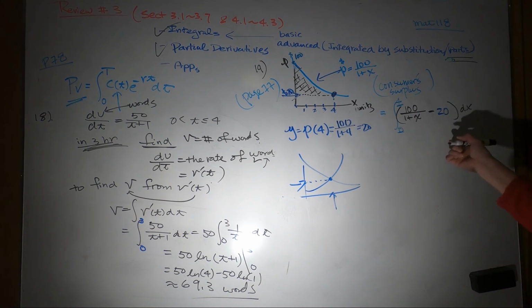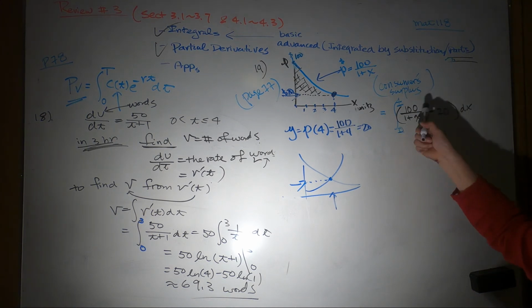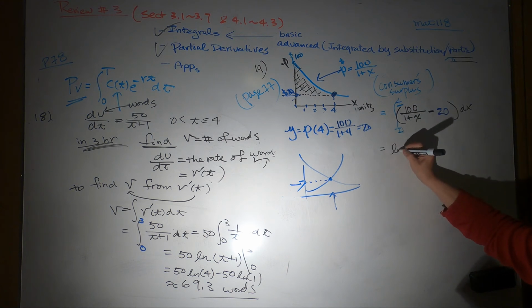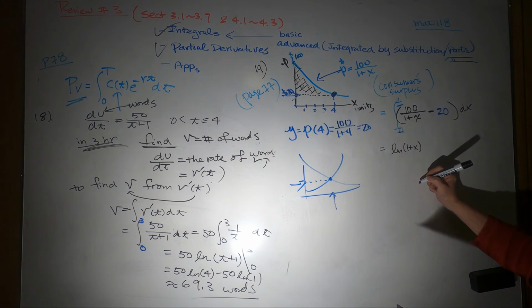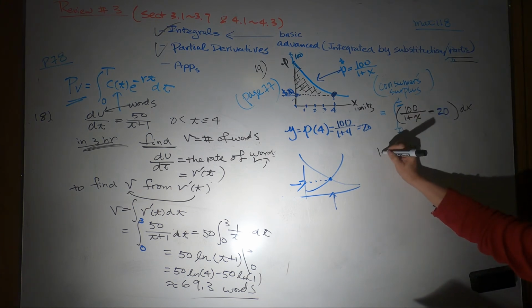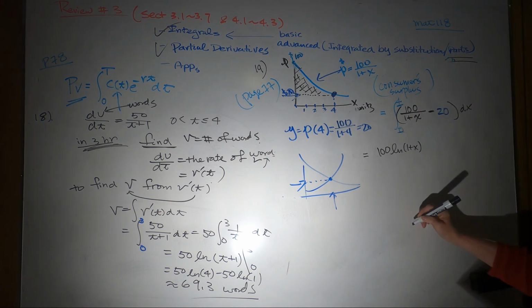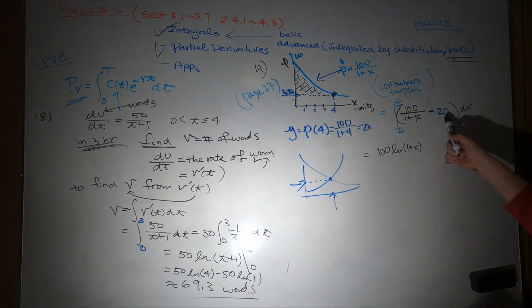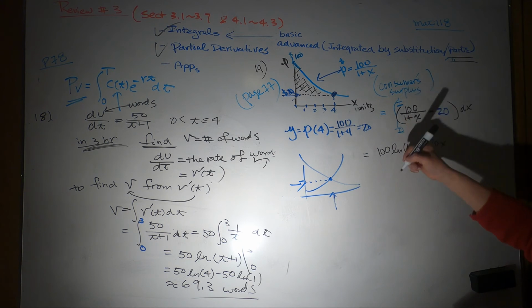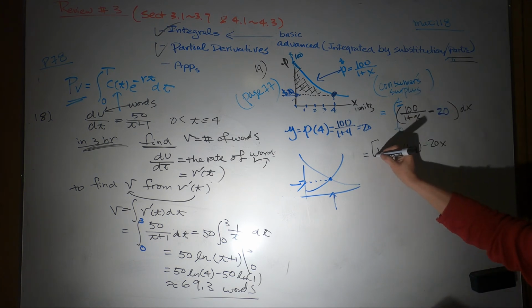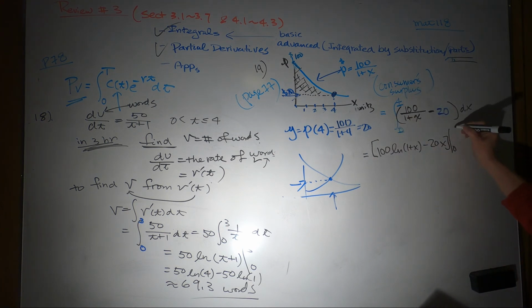Doing it is relatively easy. You take the antiderivative of this, that will be 100 times the natural log of 1 plus x, right? Then the antiderivative of this is 20x. Then for the definite integral, you need to do this from 0 to 4, right?